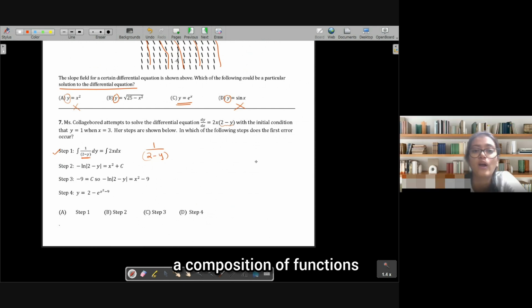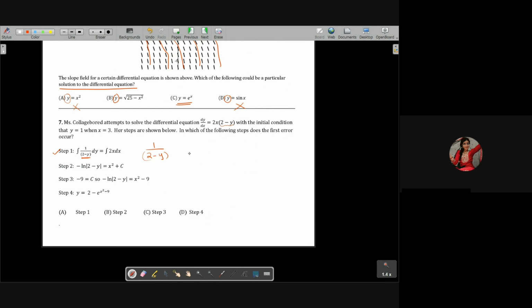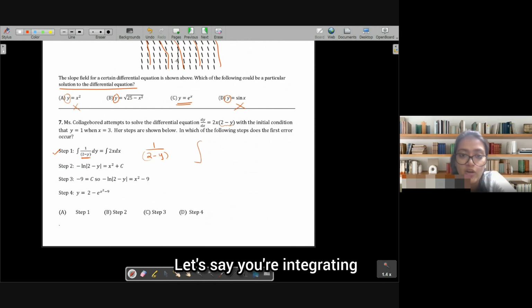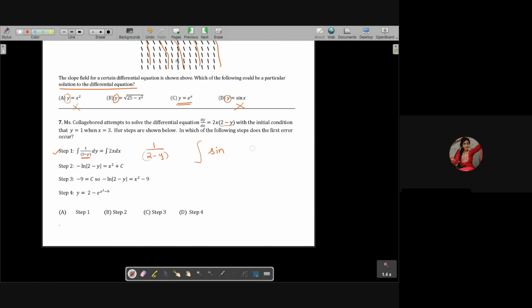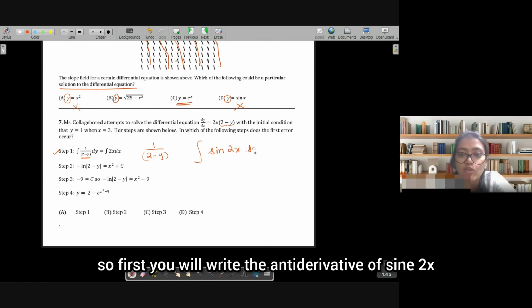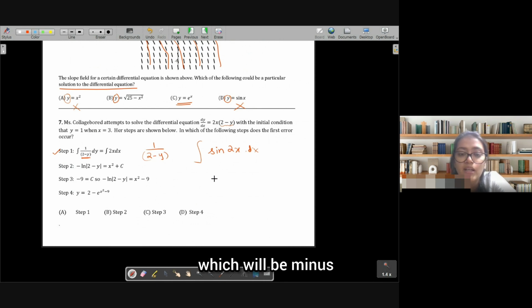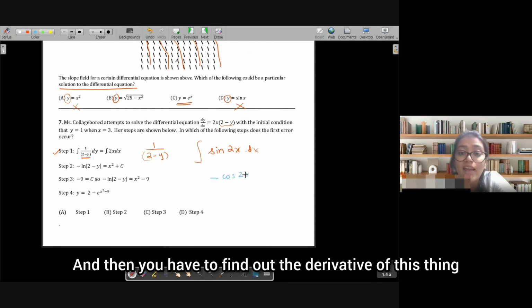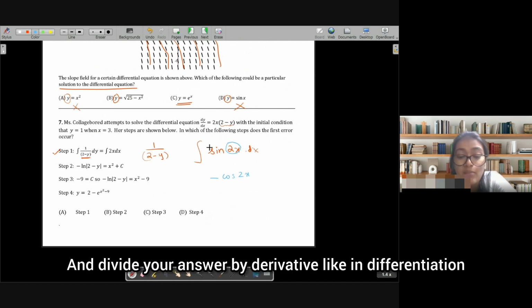Whenever you have a composition of functions and you're integrating, let's say you're integrating sine of 2x, first you will write the antiderivative of sine 2x, which will be minus cosine of 2x, and then you have to find the derivative of the inside.